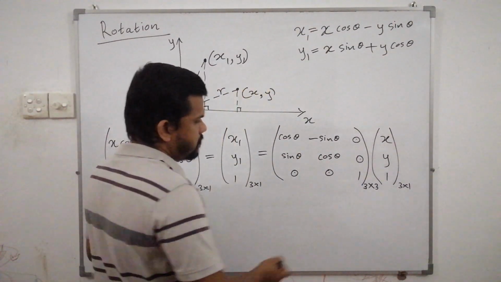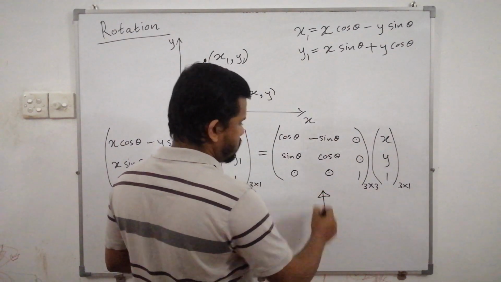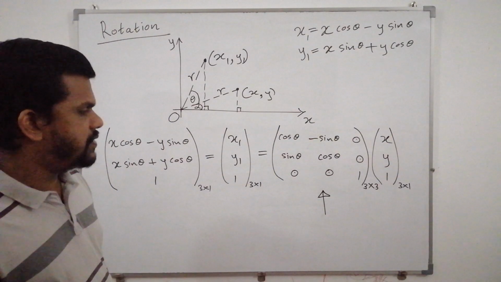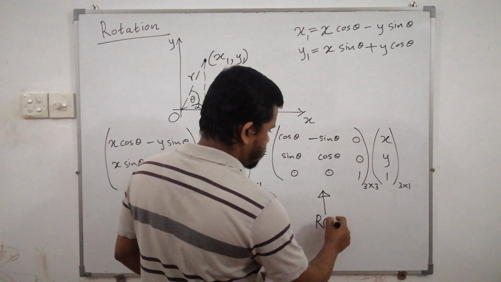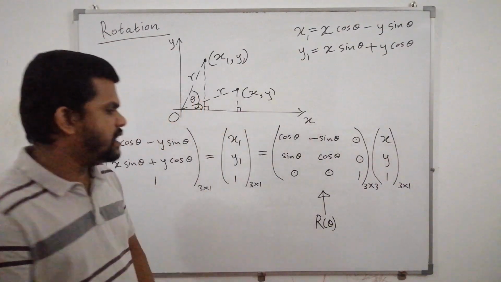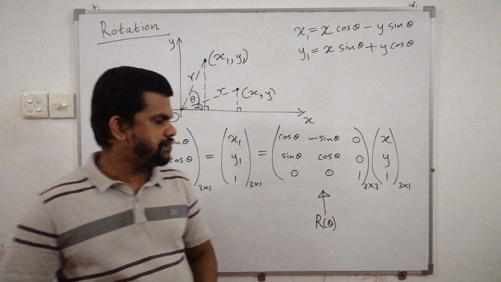This matrix is called the rotation matrix, and we represent it using R theta. Theta is the angle in anticlockwise order.